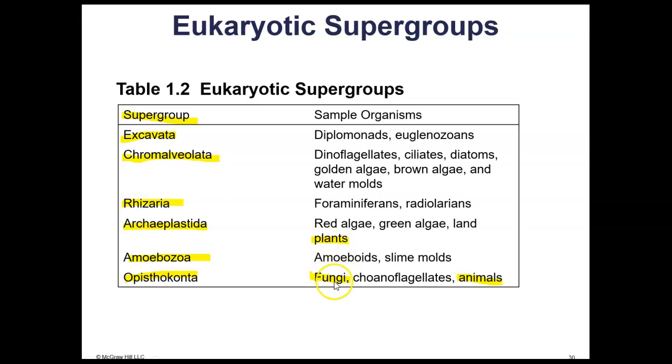Now, the fungi and the animals are listed within the supergroup Opisthokonta. So fungi would be classified as domain eukarya, supergroup Opisthokonta, and kingdom fungi. And then animals would be classified as domain eukarya, supergroup Opisthokonta, and kingdom Animalia.